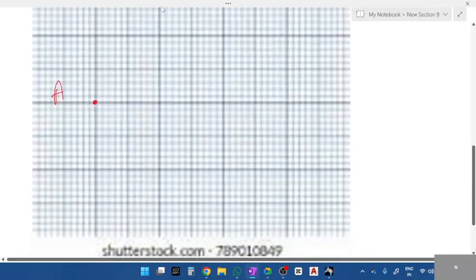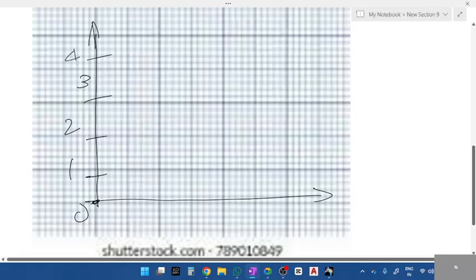I keep a point here. I'll name it as A. Let me take a graph sheet like this. There are a lot of lines here. So we'll start from 0, 1, 2, 3, and 4.